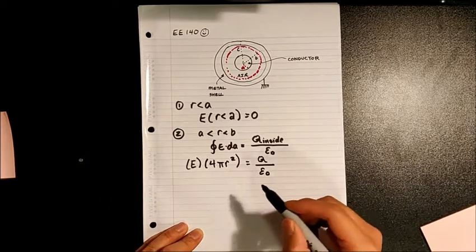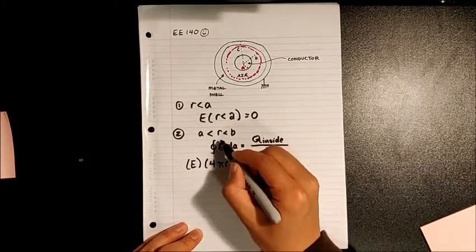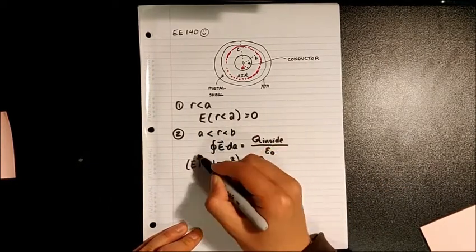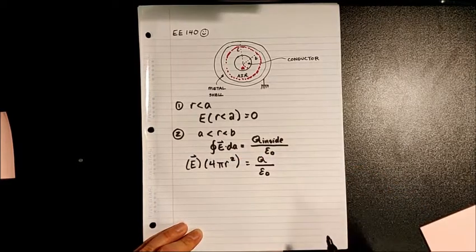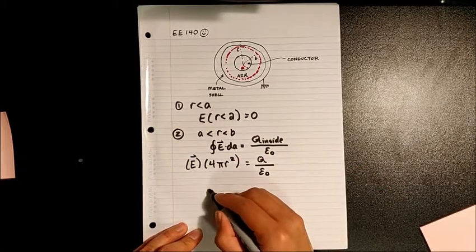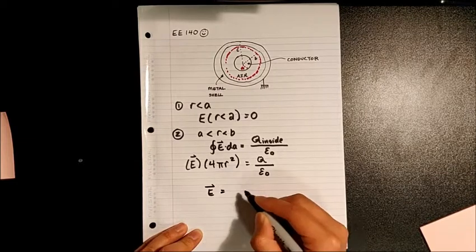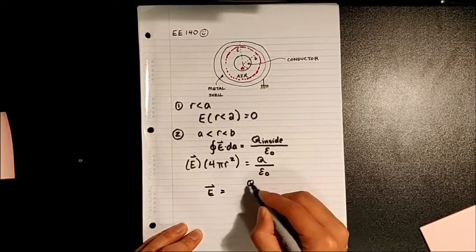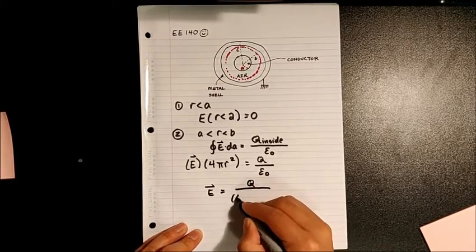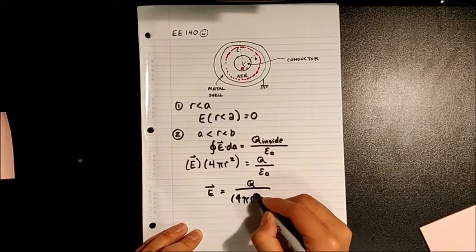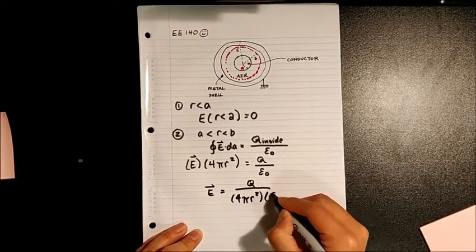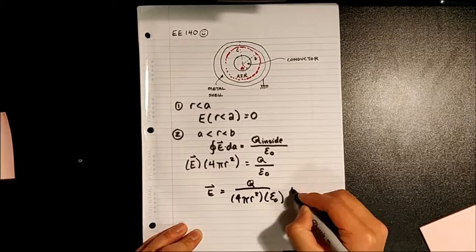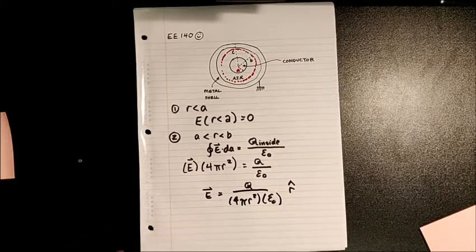Sorry, forgot the vector right here. So all that means is E is simply equal to Q over 4 pi epsilon naught r squared in the r hat direction.